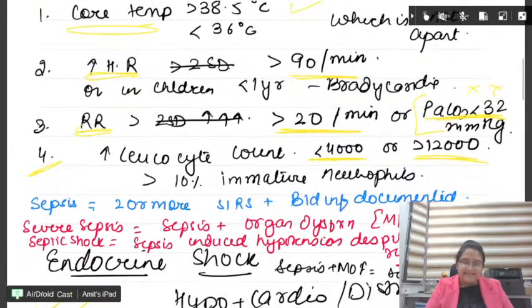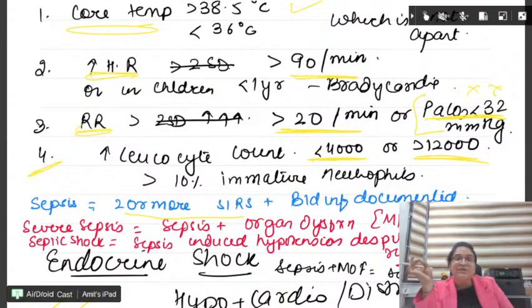What is sepsis? Sepsis is two or more SIRS criteria plus documented blood infection. Severe sepsis is sepsis plus organ dysfunction. Organ dysfunction means especially the heart is affected. Septic shock is sepsis-induced hypotension despite fluid resuscitation, and a vasopressor has to be given.